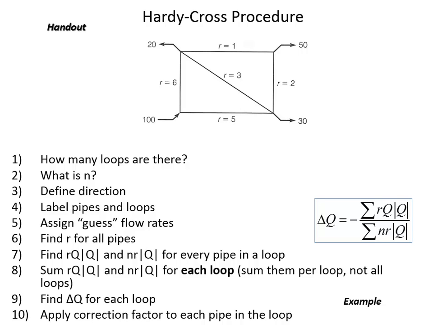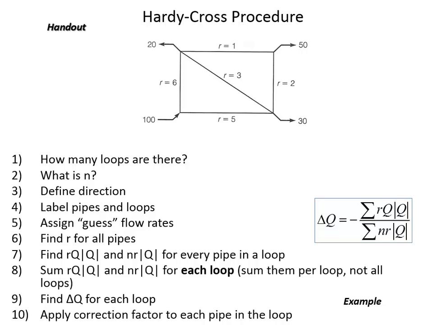I'm just going to go through and work loop 1 right now. So for loop 1, the first thing I have to do is calculate R times Q times the absolute value of Q. That's 15,000 for this line. R times Q times absolute value of Q, 675. The same thing for this line is going to give me negative 12,500.